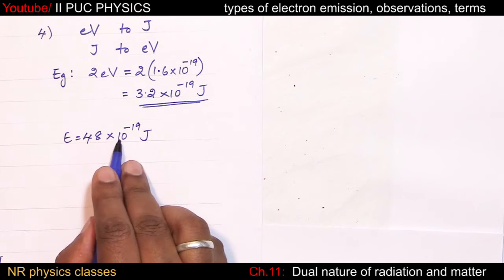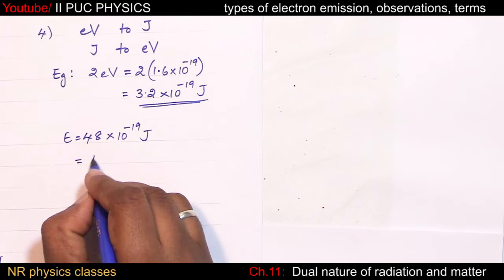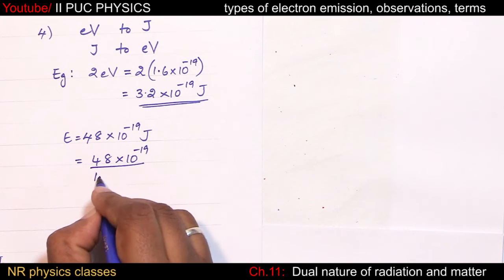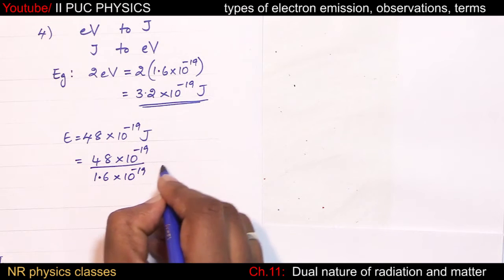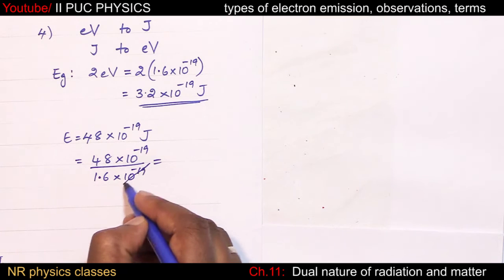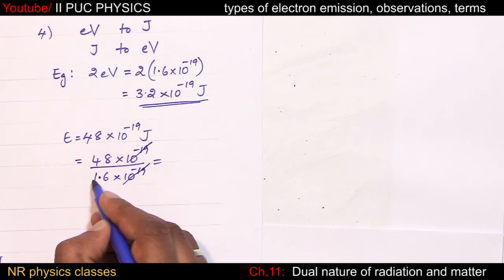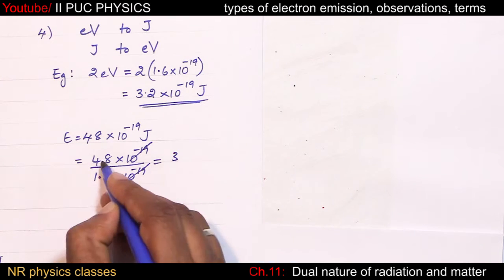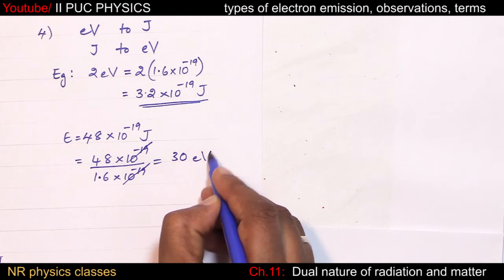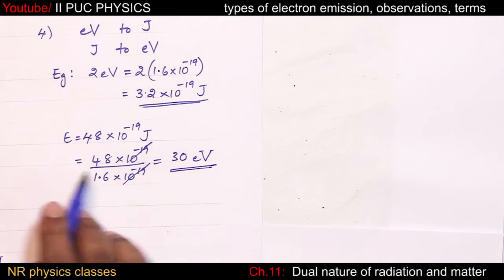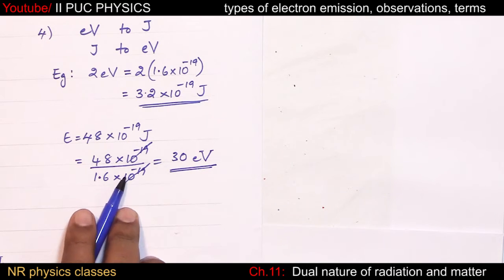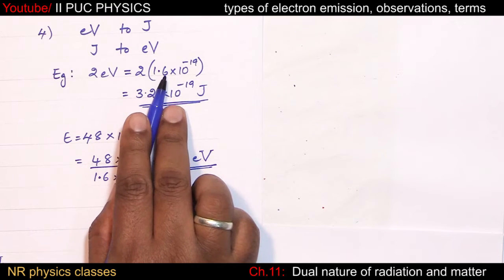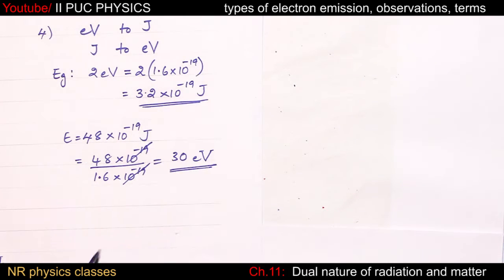To express this in electron volt, divide this by charge of electron, 1.6 10 power minus 19, this gets cancelled, 4.8 by 1.6 is 3, so 3 electron volt. Joule to electron volt, divide. Electron volt to joule, multiply by 1.6 10 power minus 19.